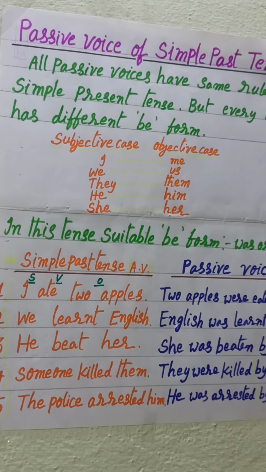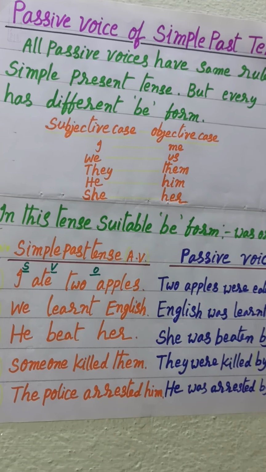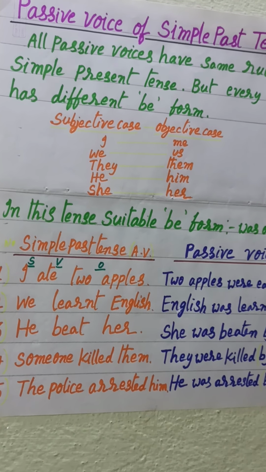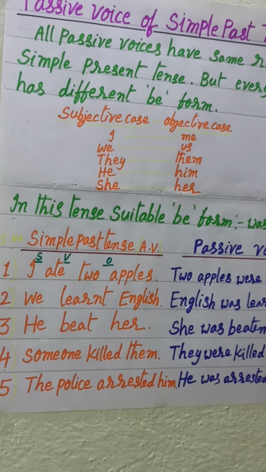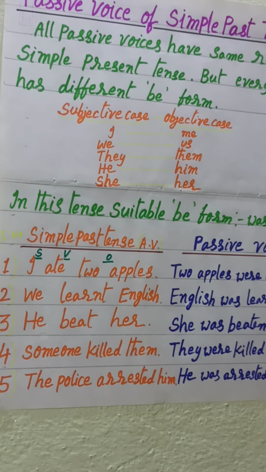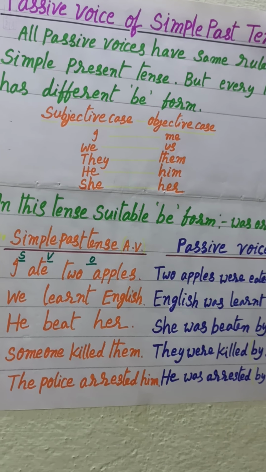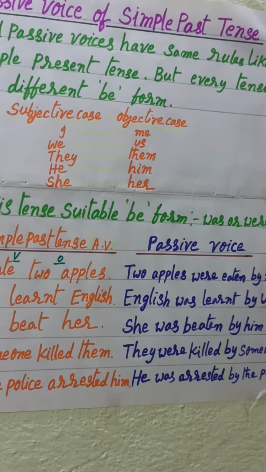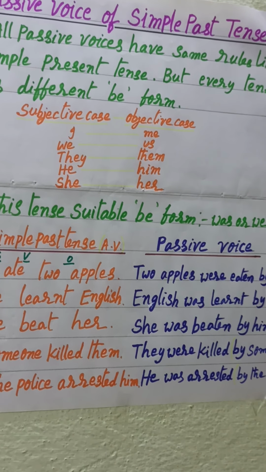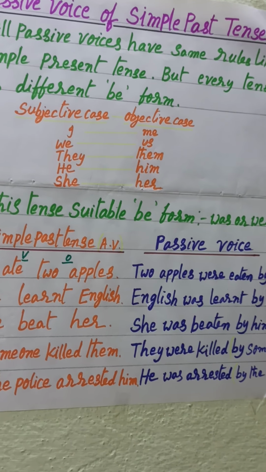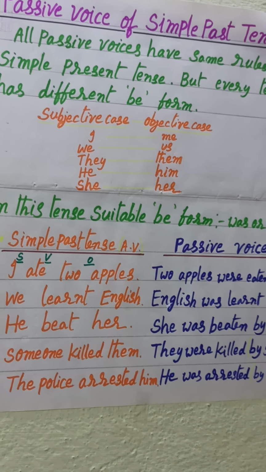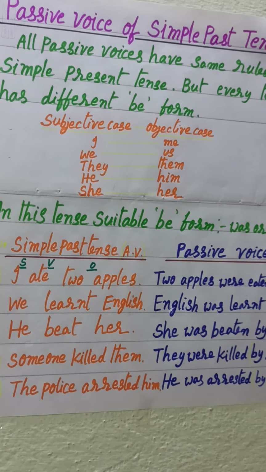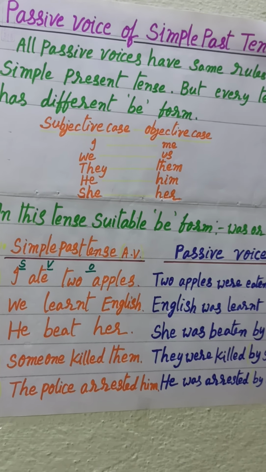In this type of sentences, we write only the passive voice because it is easy and attractive also. So in conversation, we use only the passive voice because the active voice is boring and very lengthy also.